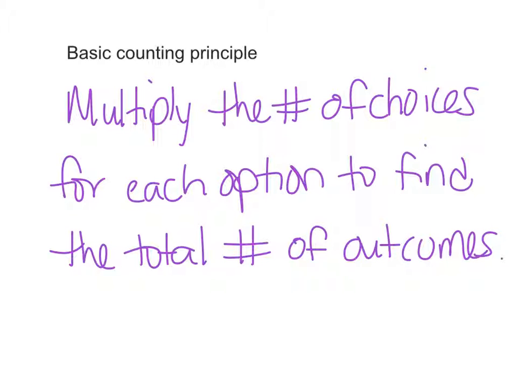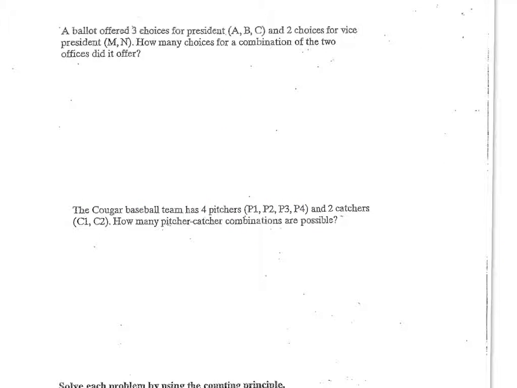Okay, so I'll show you some examples. If you take a look at this first situation, it says a ballot offered 3 choices for president, A, B, C, and 2 choices for vice president, M and N. How many choices for a combination of the 2 offices did it offer? Well, our original strategy for doing this is to draw a tree diagram.